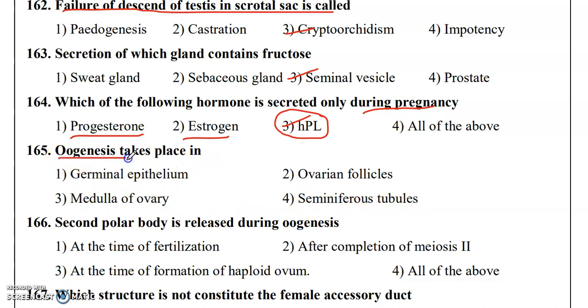Oogenesis takes place in ovarian follicles. Next one, the second polar body is released during oogenesis. When is it released? At the time of formation of the haploid ovum.